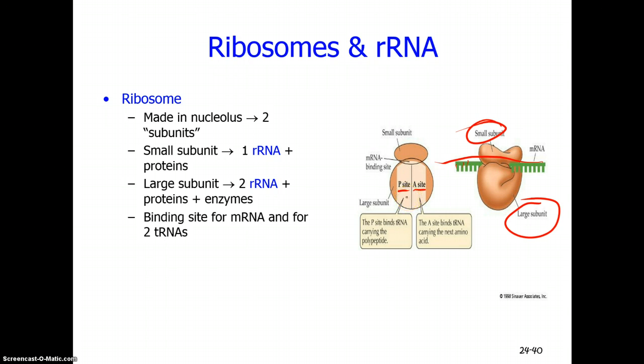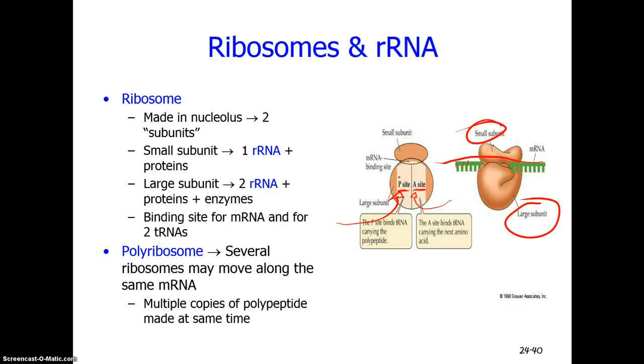And the P site, this is where tRNA carrying the polypeptide comes in. The A site is going to bind the tRNA carrying the next amino acid. Okay, so there's the P site carrying the polypeptide in there, matches. Our next one the ribosome's going to move to is A.